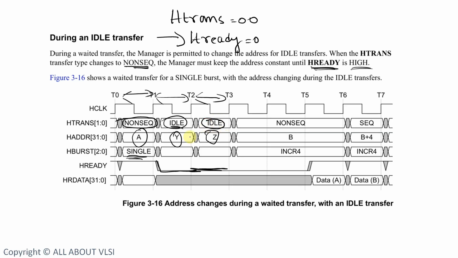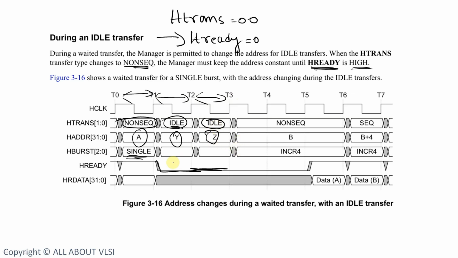Although the transfer type is idle, the HADDR is changing. So see here, in the T1 to T2 clock cycle the address is Y, and in the T2 to T3 clock cycle the address is Z.